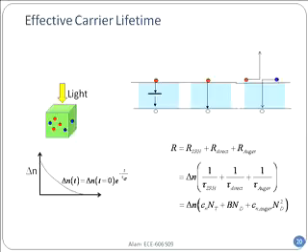Because it gives you a certain number of holes or electrons. Auger, yes, it depends on the number of dopant atoms, but as a square, because two of them have to bump against each other. So they have different dependencies. If I do a set of experiments in which I change the dopant level systematically, then this decay will be different for each one of them. And from that, I should be able to pick out what these different coefficients are. You see?